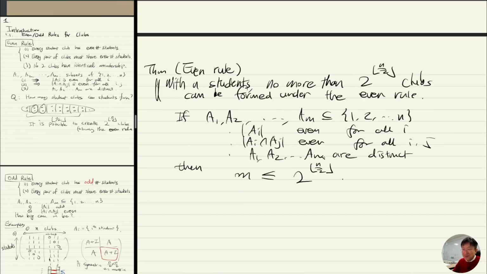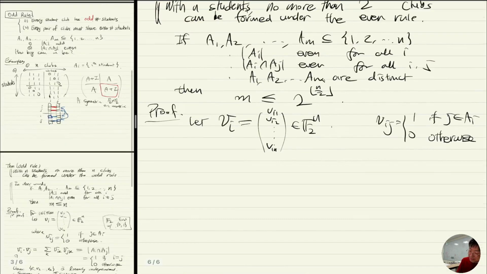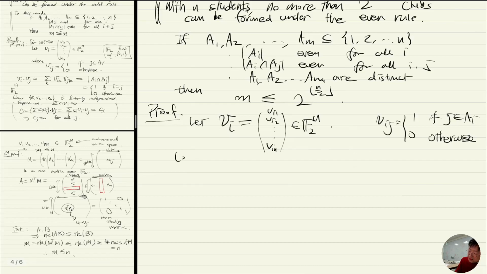So how can you prove a theorem like this? Again, we're going to use linear algebra, right? I'm going to take Vi the same way: Vij is 1 if j is in Ai and 0 otherwise. Now, let U be the span of all these vectors.